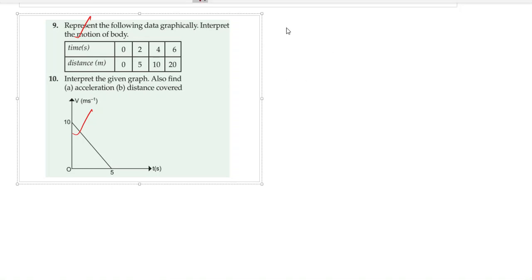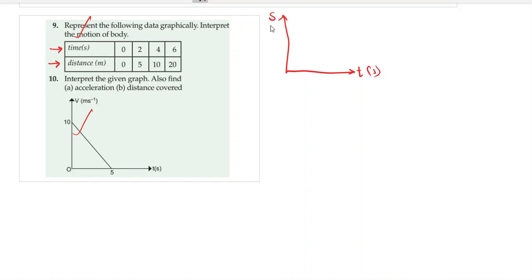Now, if you look at the values which are given here, time and distance, you will put the time on x-axis, that is time axis, and the distance on y-axis. The time is in seconds and the distance is in meters.